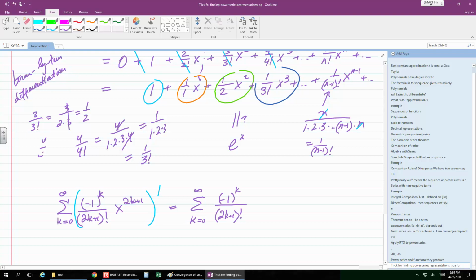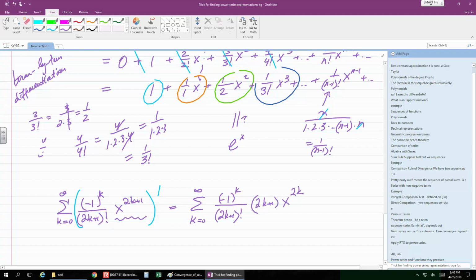Power formula, right? So what is it? 2k plus 1 multiplied by x^(2k).